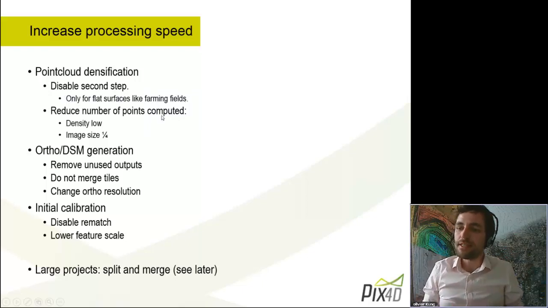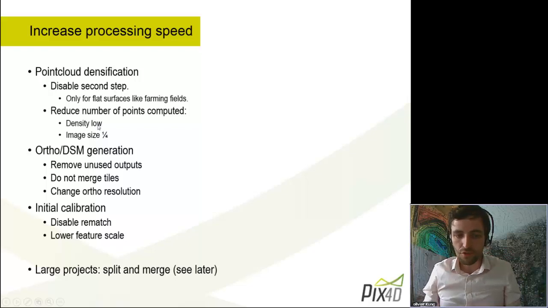If, however, the 3D is still a bit important, like maybe you have houses and you need the 3D model to correctly generate the auto mosaic, then we would suggest to reduce the image size setting to 1/4 image scale when generating the point cloud, and, instead of optimal density, to go for low density.